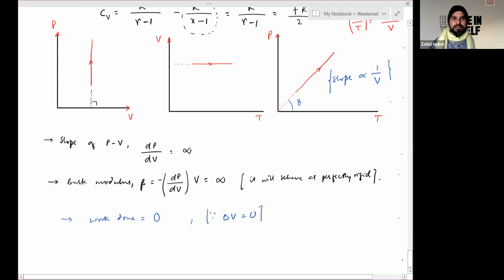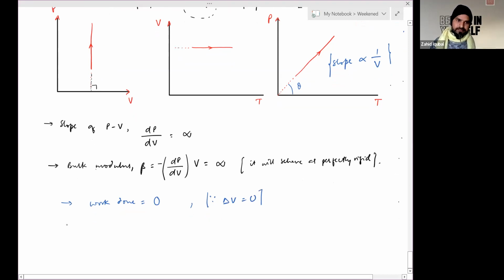If you apply the first law, dQ equals to dU plus dW. Since work done is zero, the total amount of heat supplied or ejected must equal the change in internal energy.